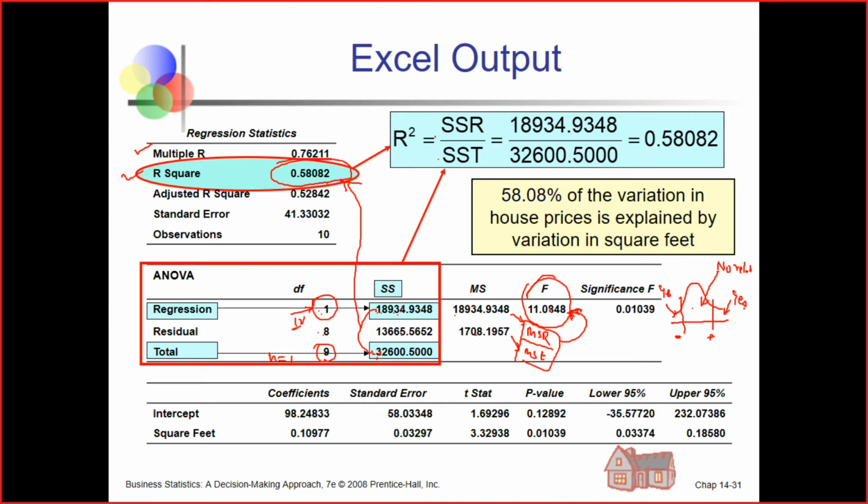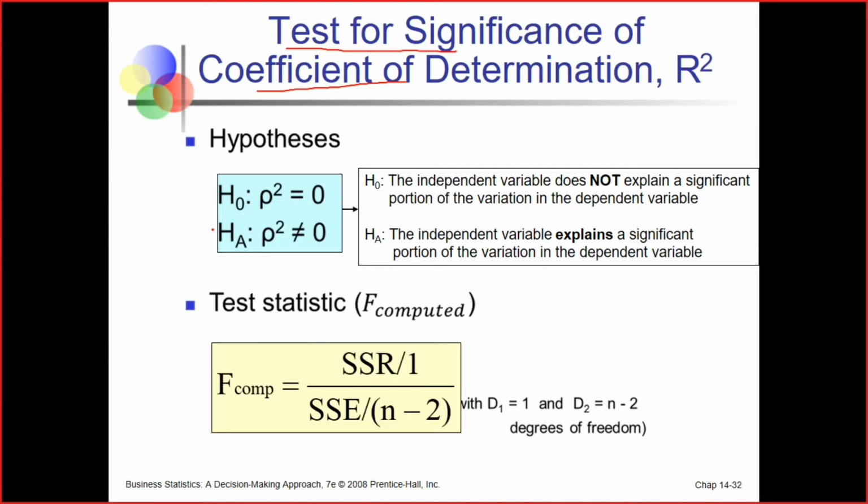So how to start this hypothesis? H0 is equal to 0. There is no relation, does not explain, no significant relationship. If we accept this, and reject outside of the area, then say yes, there is a relationship. And for that, we need to calculate F value by dividing SSR by SSE with their degrees of freedom.